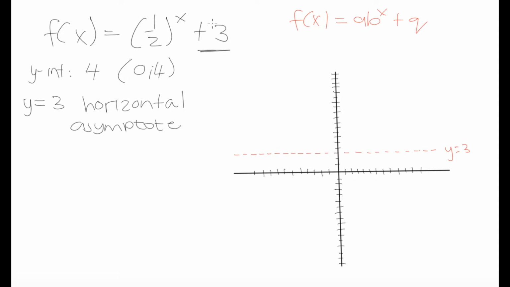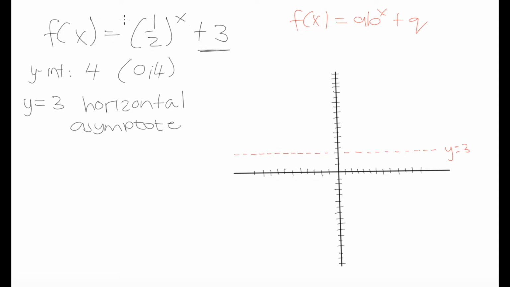So when we are in our negative values for x, this is actually going to become a whole number. This would become 2 raised to some power because if we have our negative exponent, we would flip our numerator and denominator.